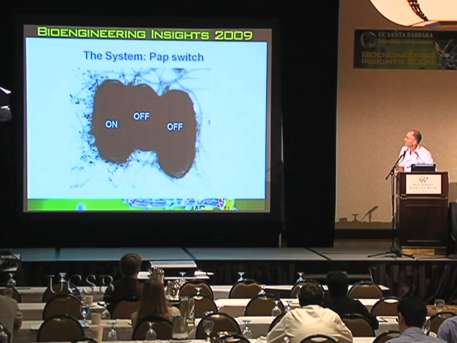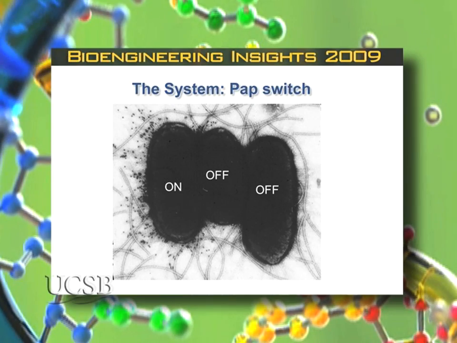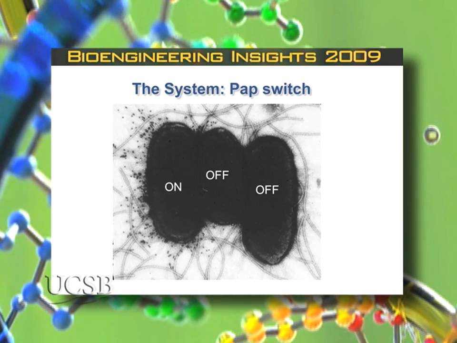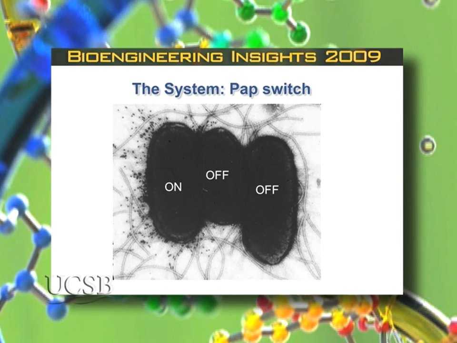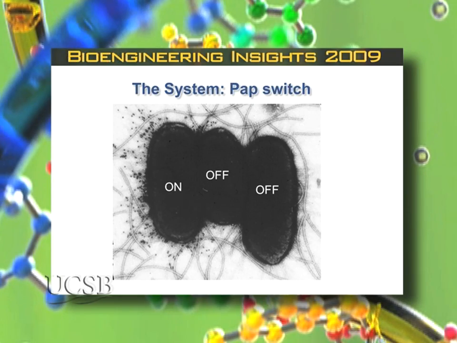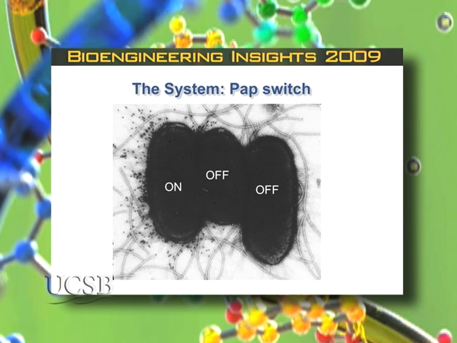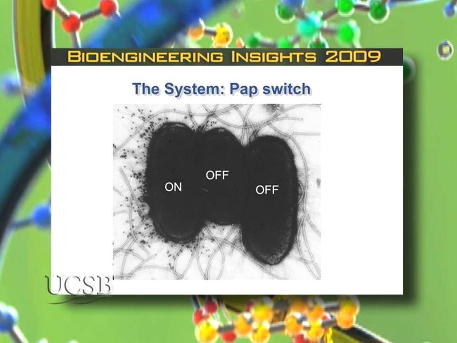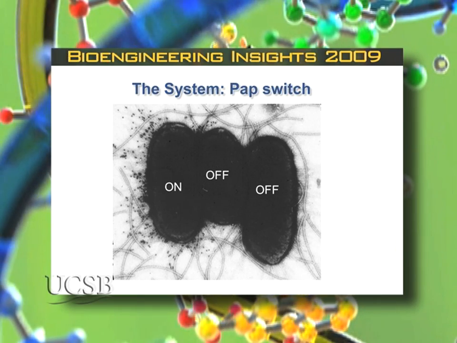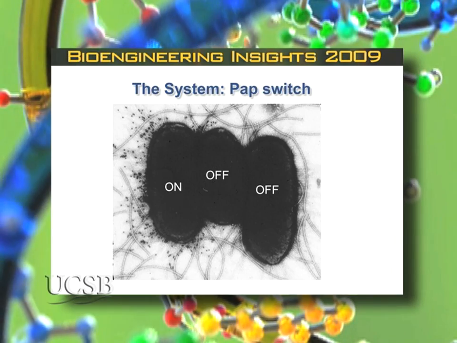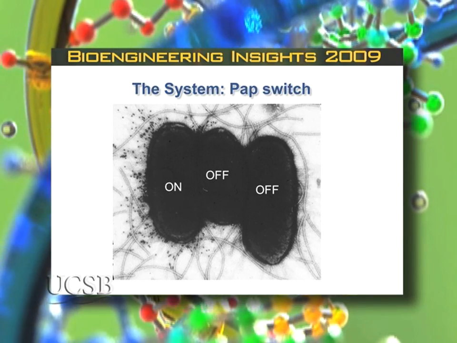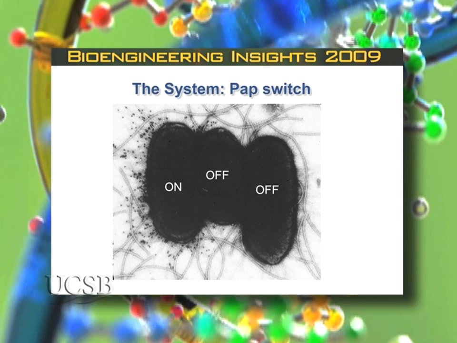So the system is PAP, which stands for pyelonephritis-associated pili. Pyelonephritis is infection of the kidney. So if you're a woman and you get pyelonephritis, and women are by and large the major population to get infected, that means that the bacteria is able to get into your bladder and crawl up your ureters into your kidney. And one way that they do it is via these pili, which are marked with colloidal gold on this left bacterium.